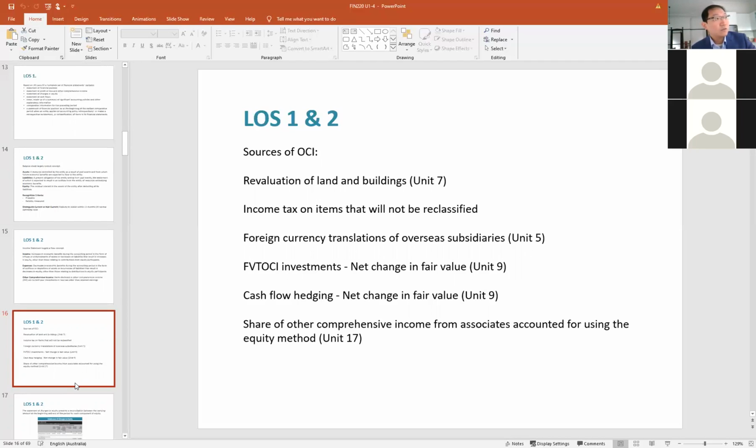Some other examples of this include foreign currency translations of overseas subsidiaries. And so if, for example, there's BHP, they have a big subsidiary in Mongolia that is not Australian dollar denominated, and so BHP will look to convert that subsidiary's activity back into the presentation currency, which is Aussie dollars.